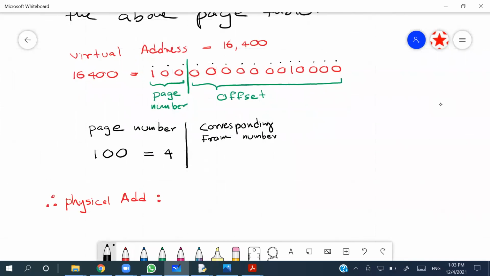For the corresponding page number, the corresponding frame number was 011. From the page table we could see that for 4 the corresponding entry was 011. So we are going to replace the page number with 011, and the rest of the things are going to be the same. That means you are going to have how many zeros? 7 zeros. So the same offset that we are writing: 7 zeros, 1 and 4 zeros.